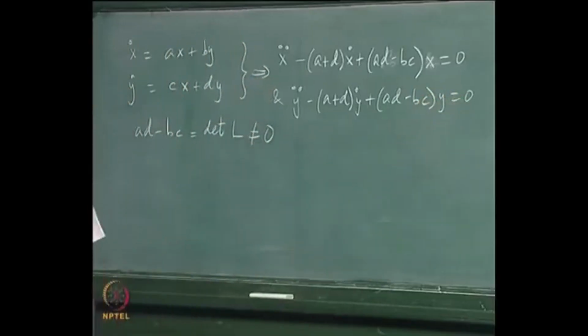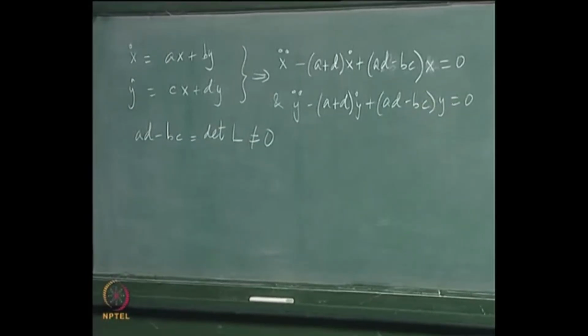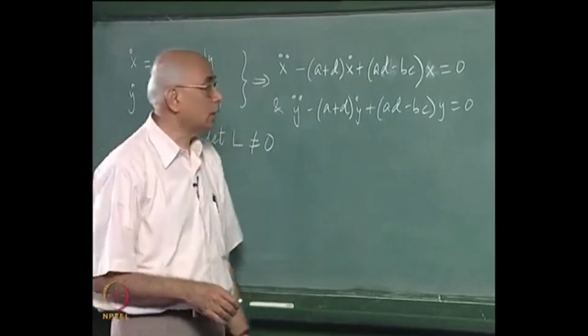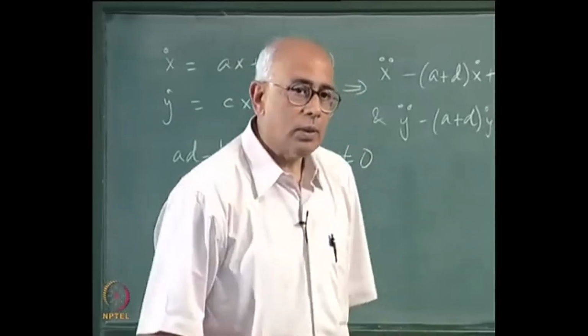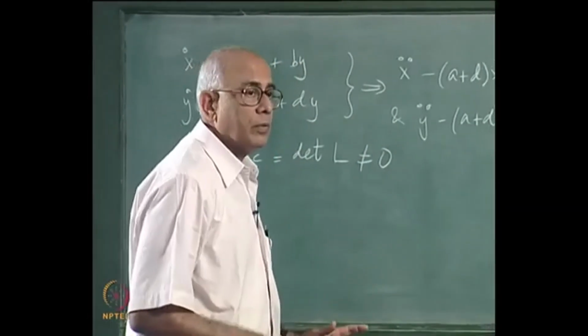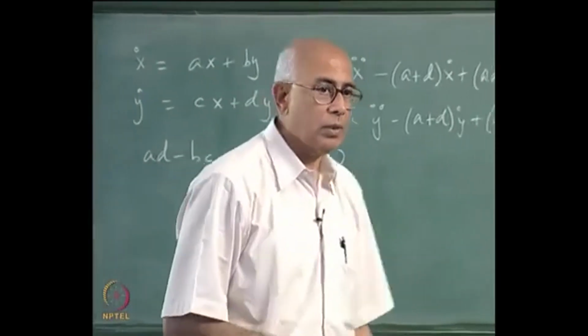X and y of course would differ in general in their initial conditions, as would x dot and y dot, and you would get different combinations of e to the lambda 1 t and e to the lambda 2 t. If lambda 1 should happen to be equal to lambda 2, then the solutions are linear combinations of e to the lambda t and t e to the lambda t, and we have seen that too.